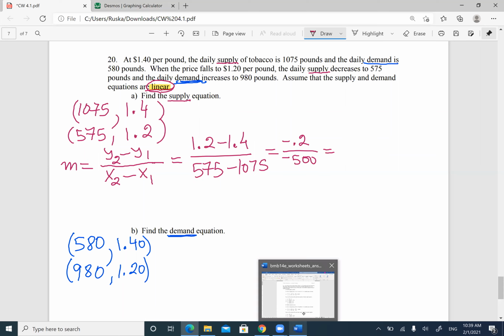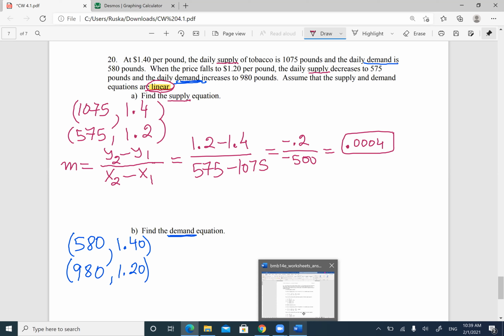And when you divide it, it's gonna be 0.2 divided by 500, that's 0.0004, right? Three zeros. That's what you get. And then from here, we're gonna find the equation.